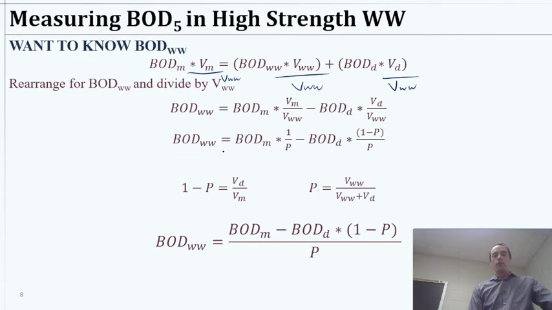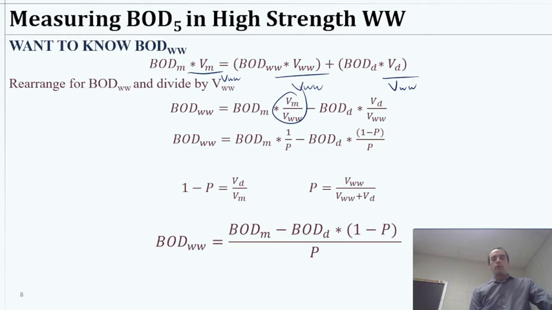We can simplify further with that whole 1 minus P business, or 1 over P rather. Volume of the mixture divided by the volume of the wastewater is literally the inverse of P. So that's 1 over P.